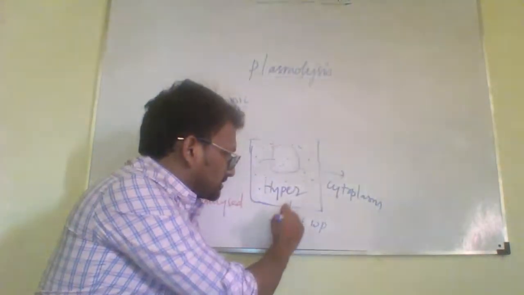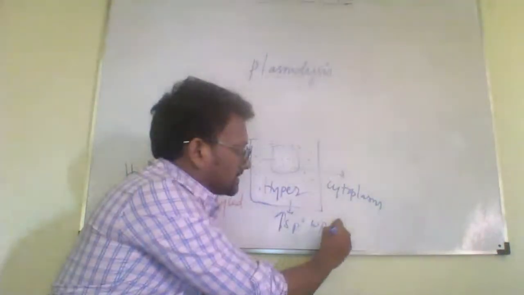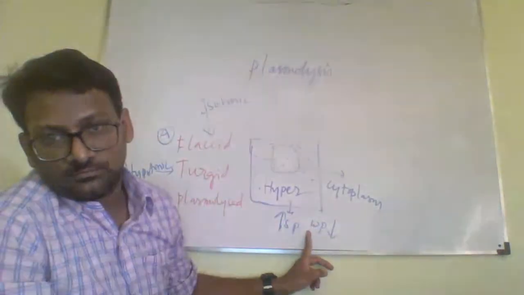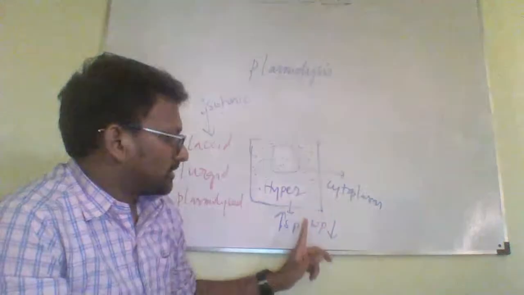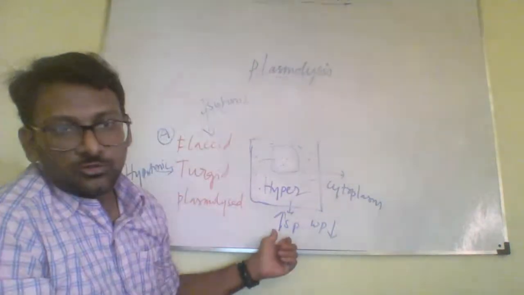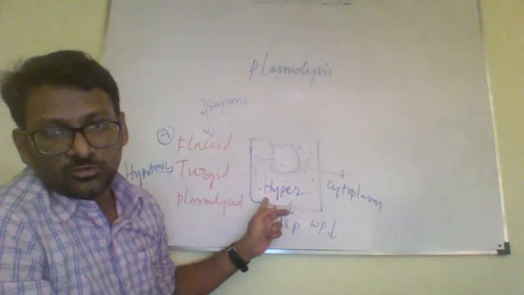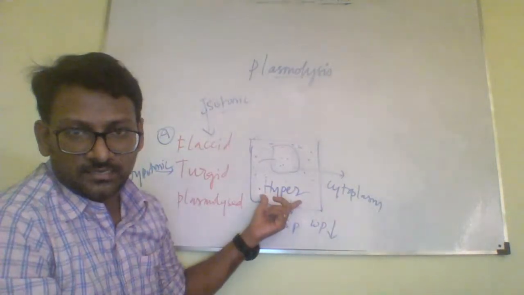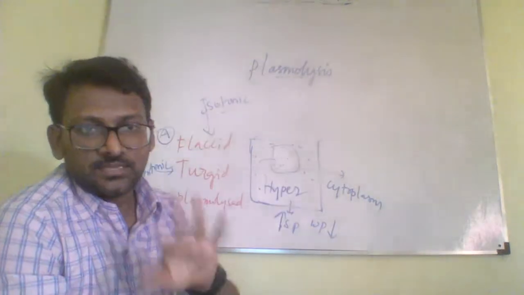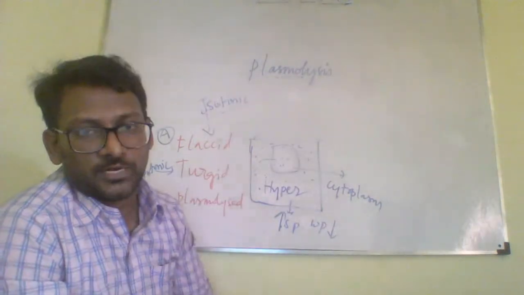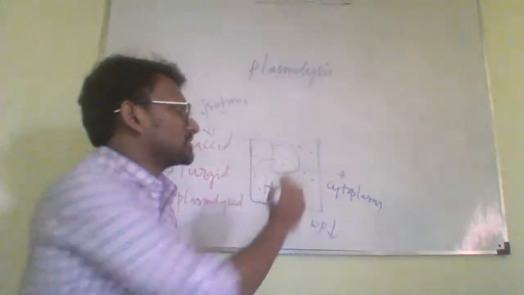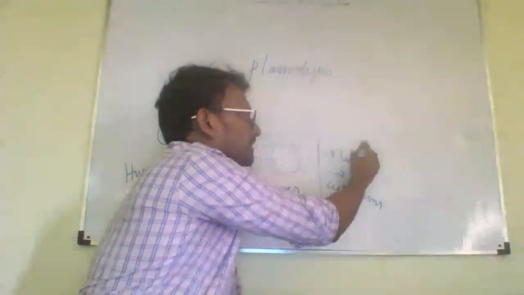The more the solute particles, the less the water potential. Where exactly are there more solute particles? Outside the cell, in the solution. Inside the cell, comparatively, you have fewer solute particles than outside. So you have more water molecules inside, so it has more water potential.